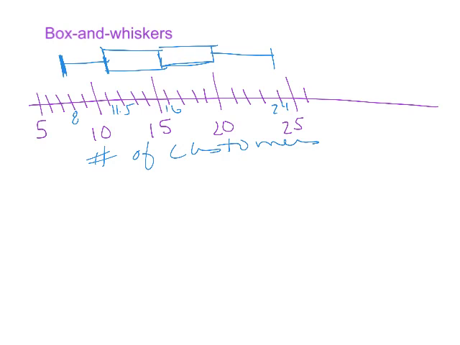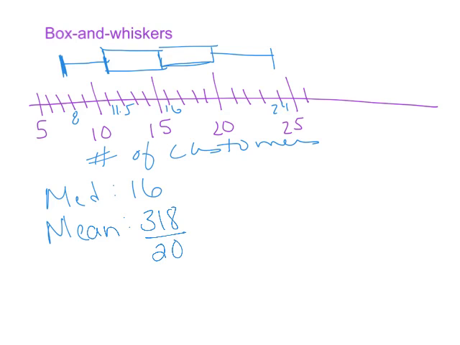Now let's look at the distribution. It looks symmetric, but this is how you do it. You compare the median, which in this case was 16, and then we compare the mean to it. I added it up to be 318 customers divided by 20, and we got about 15.9.